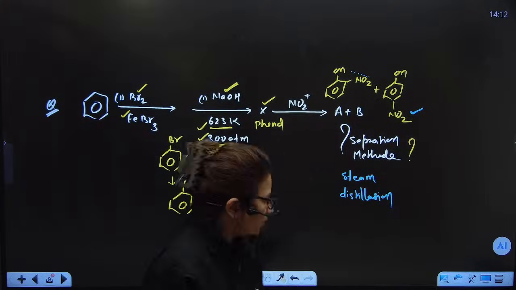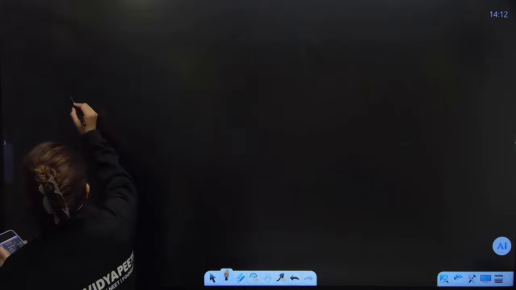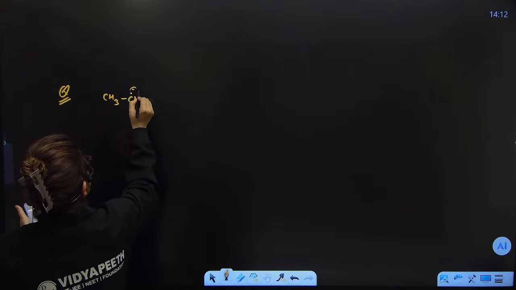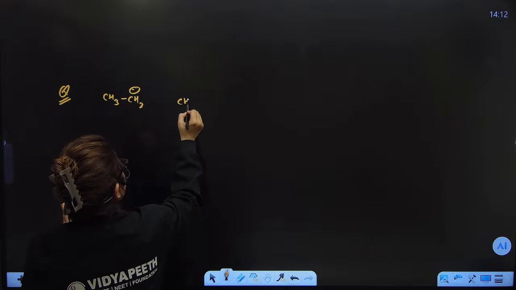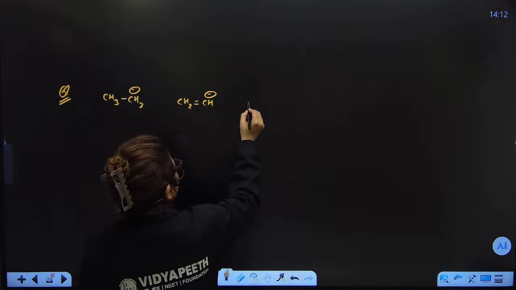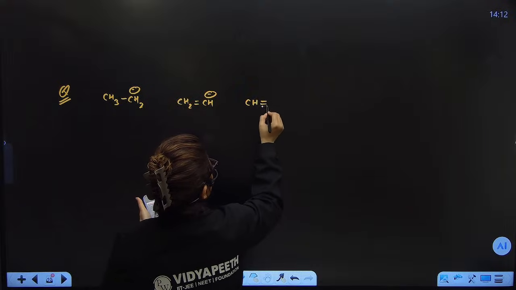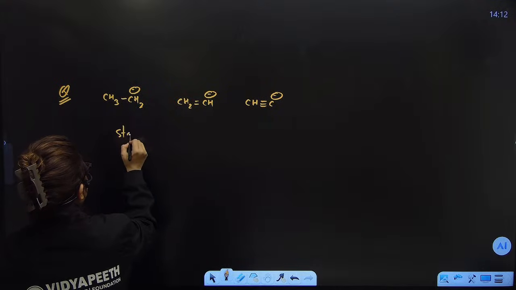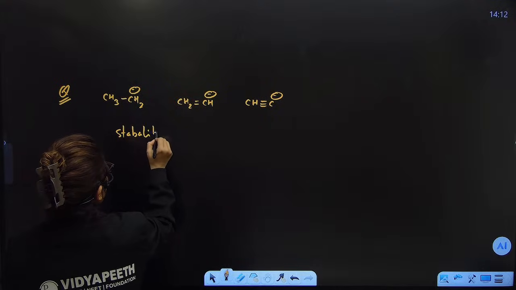This is also an organic chemistry question. We have CH3CH2 minus, then CH2=CH minus, the carbanion is given, and they are telling CH≡C minus. We have to find out the stability of these ions.